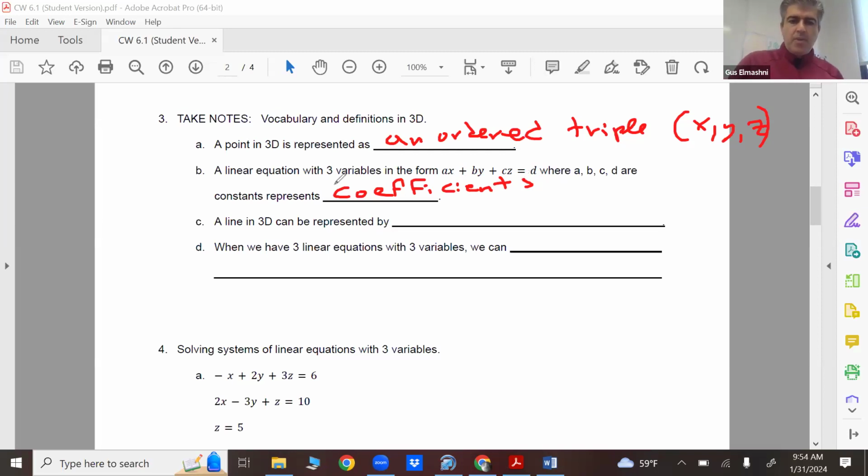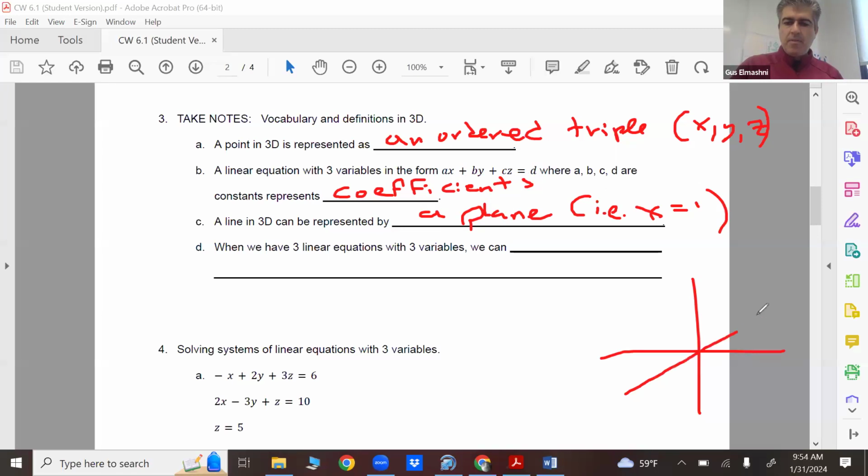A line in 3 dimensions can be represented, it's kind of weird that they said the word line, by a plane. So for example, what if you have x equals 1? If this were the x-axis, it would look like this.